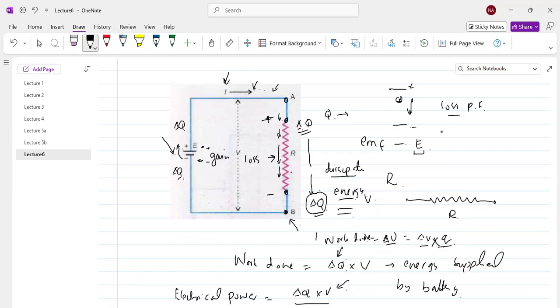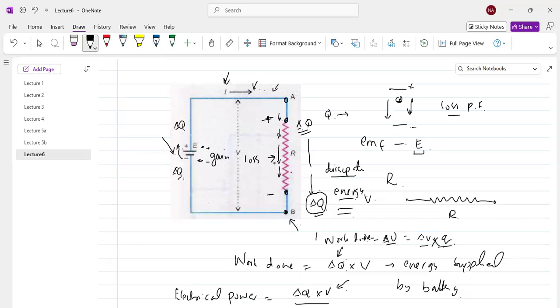This loss in potential energy is equal to the gain in kinetic energy if the charge moves freely, where there is no material and the charge moves in a vacuum. But when charge moves through some material, it faces resistance.